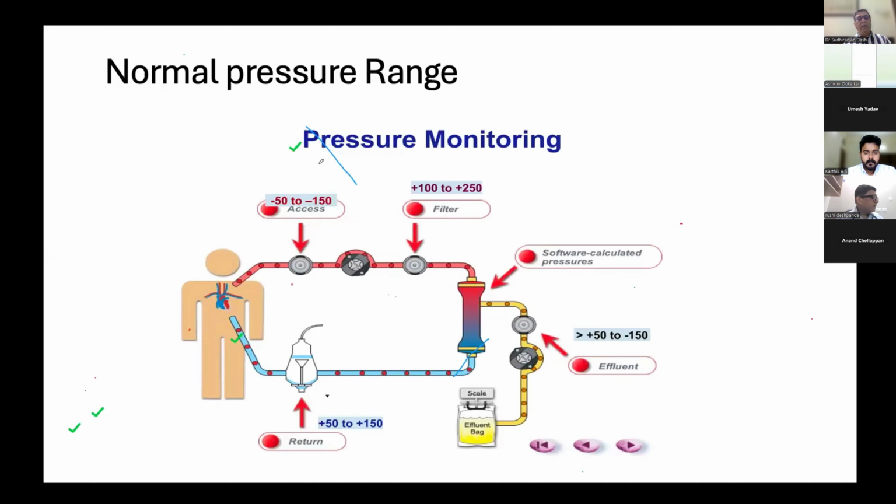Usually the alarm starts if the patient has access pressure beyond -250. Similarly, the normal filter pressure will be between 100 to 250, the effluent pressure will be between +50 to -150, and the return pressure will be +50 to 150. So these two are very important to know: access pressure is always negative and the return pressure has to be always positive.